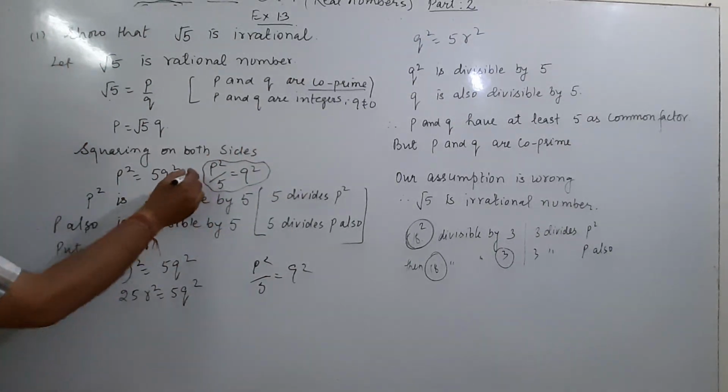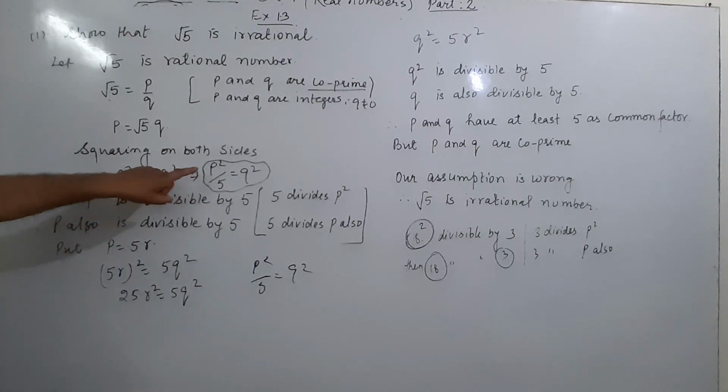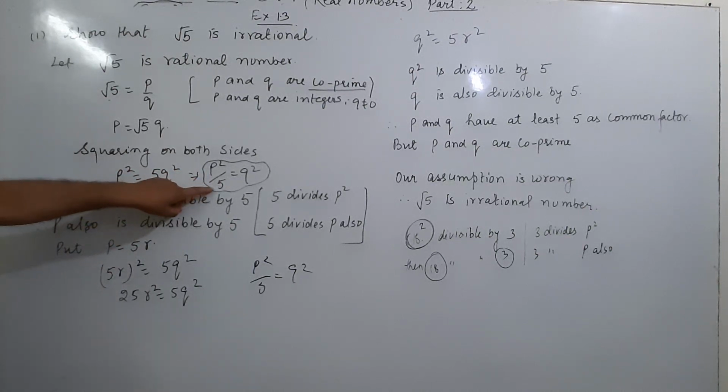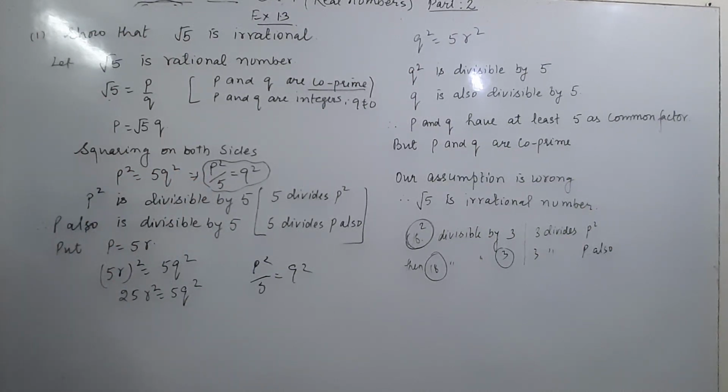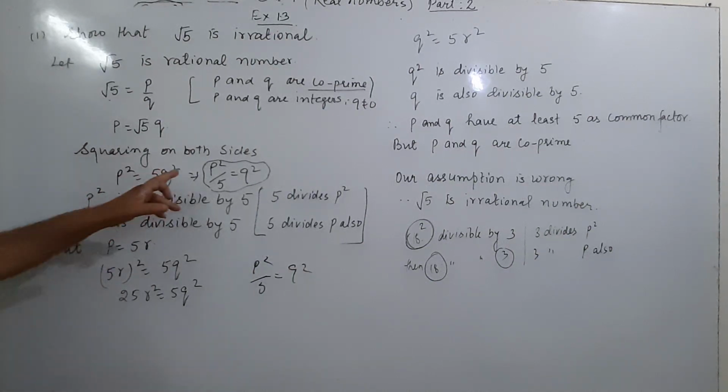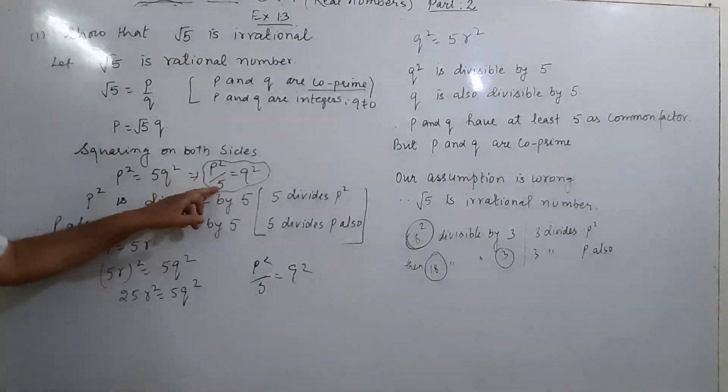What is the question saying? That means p square is divisible by 5, or from here p square is a multiple of 5.